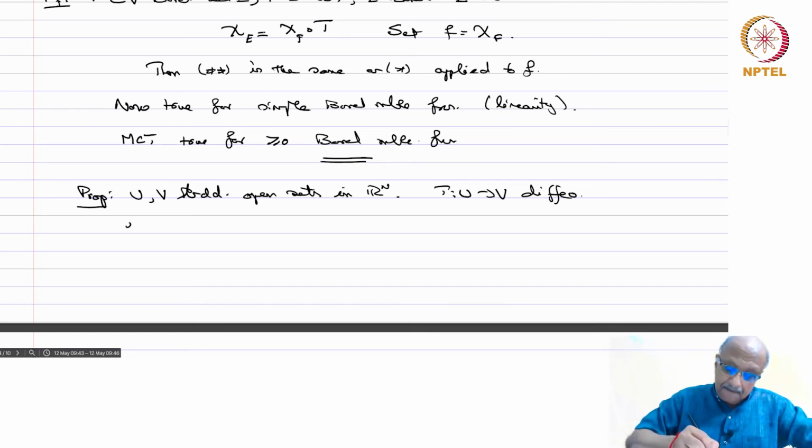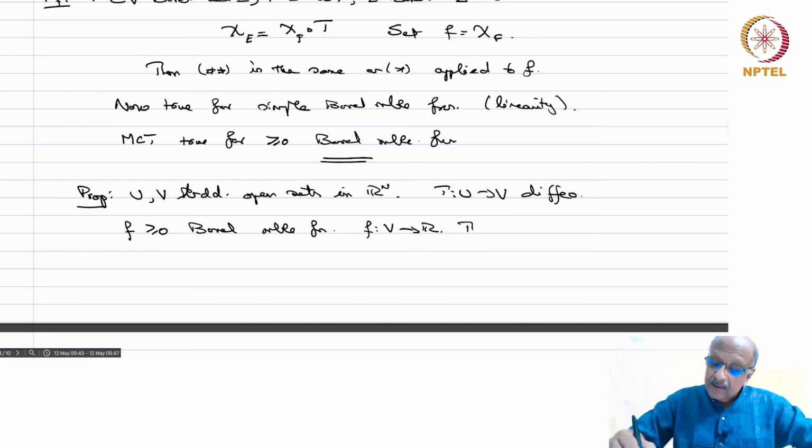Let F be greater or equal to 0, a Borel measurable function. Then the integral of F dμn over V is the same as the integral over U of F composed with T times mod Jt dμn. So this is the change of variable formula.